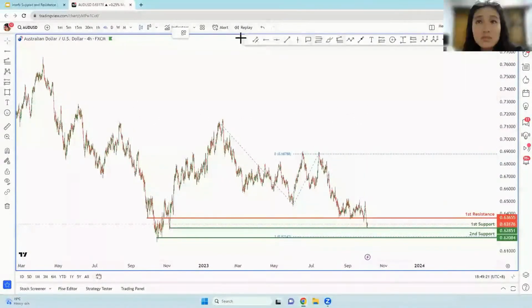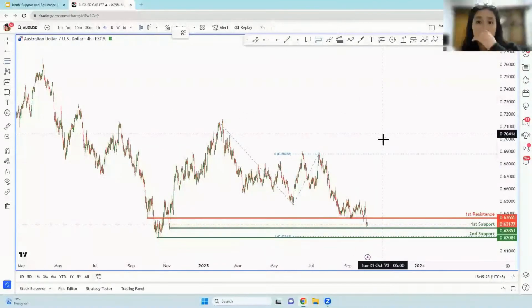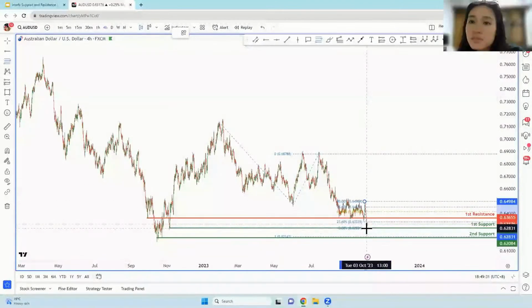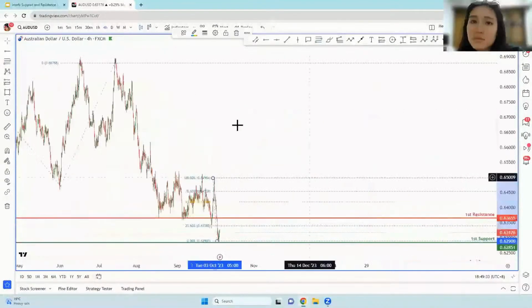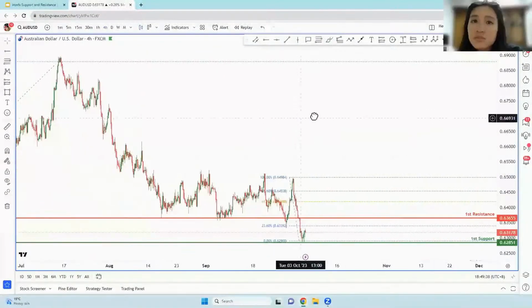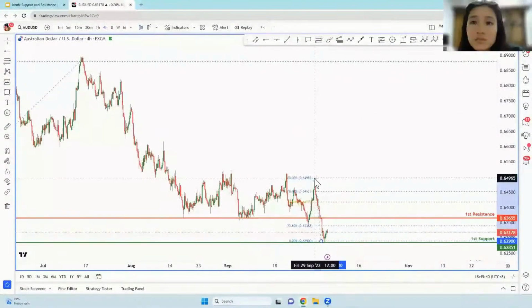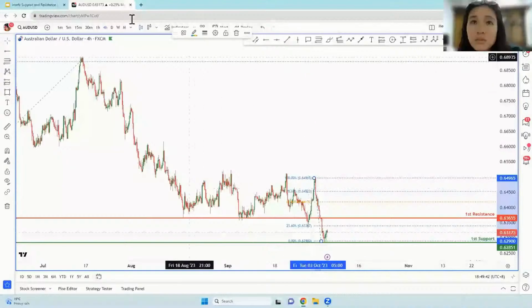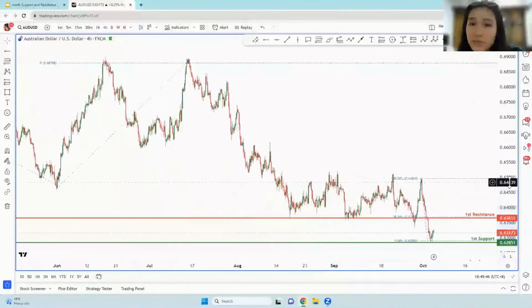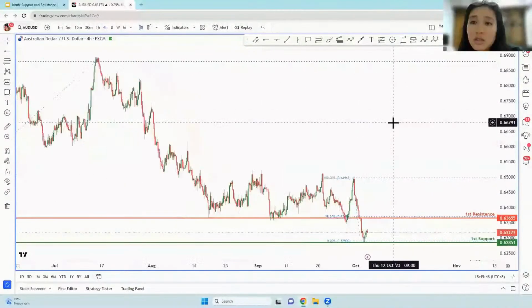Next, I think my 38 lines up with my first resistance.